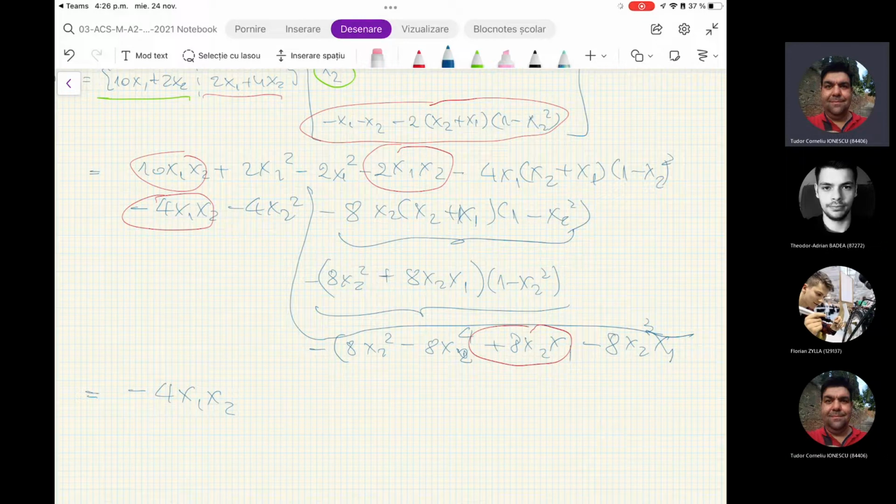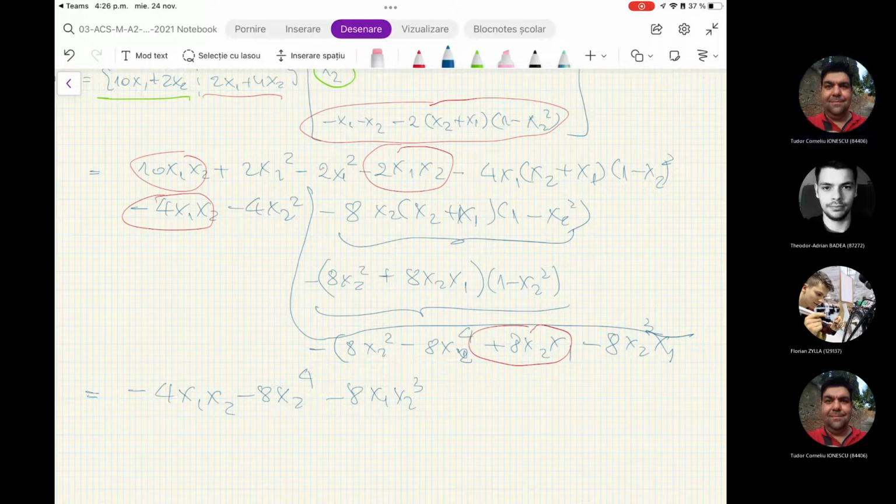Okay, then we have from this guy, this is unique, so it's minus 8x2 to the power 4. This is also unique, minus 8x1x2 to the power 3. Okay.